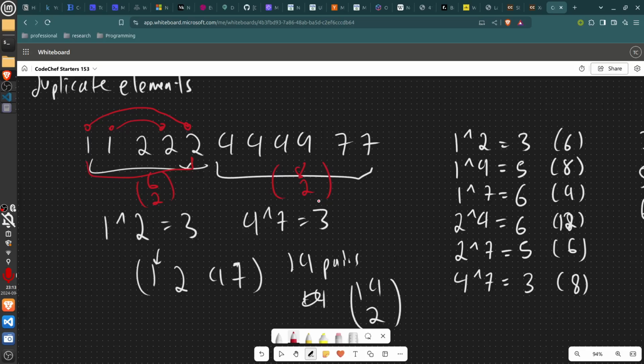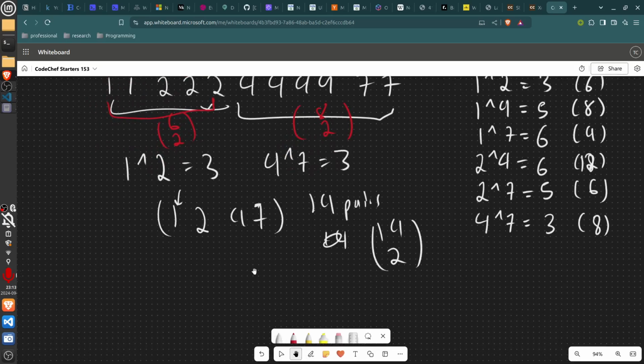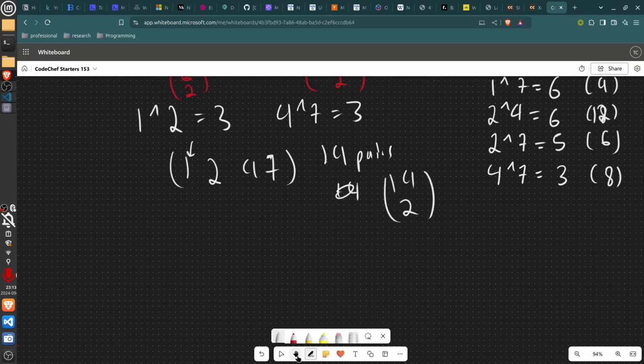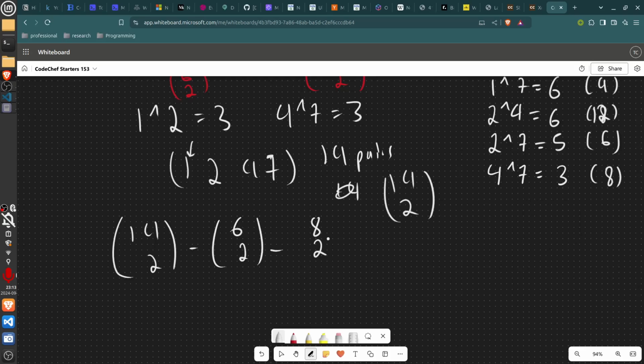This is the number of ways that I can pick 2 pairs from the left side, and some ways I can pick 2 pairs from the right side, and those will collide. As long as you pick 2 pairs from the separate sides, from the 1, 2 side and from the 4, 7 side, you're good. So that gives you your answer: the total number of pairs pick 2, minus 6 pick 2, minus 8 pick 2.